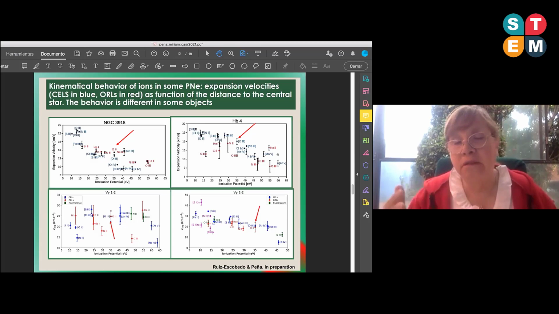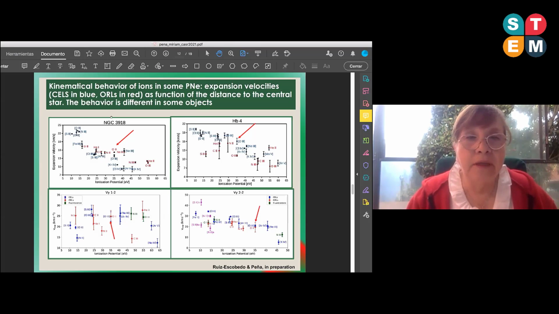So this can be interpreted as the collisionally excited lines being produced in a plasma different than the plasma that could be producing the optical recombination lines. And these plasmas are showing a different kinematical behavior.